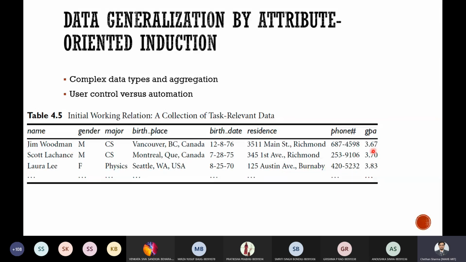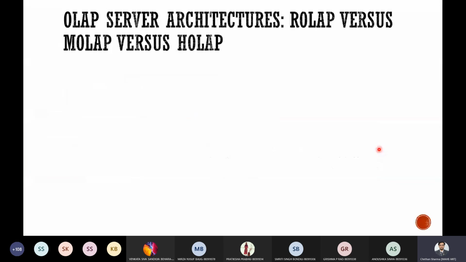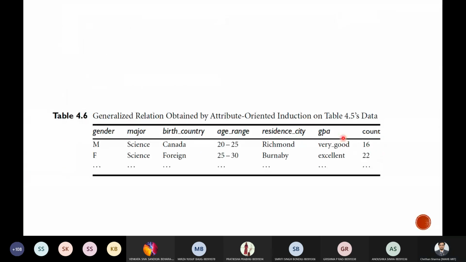Again, GPA: instead of individual values, you can convert it into ranges, and for each range, if it is between 3.75 and 4, maybe you can replace it by excellent. If it is between 3.5 and 3.75, maybe replace it by very good, something like this. So instead of GPA, the number of distinct values would be a little less.